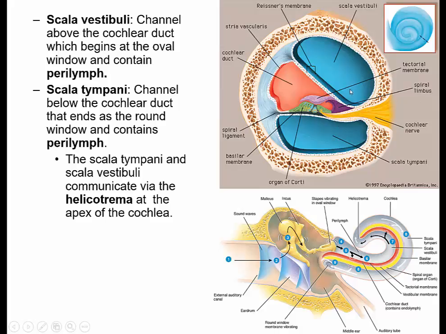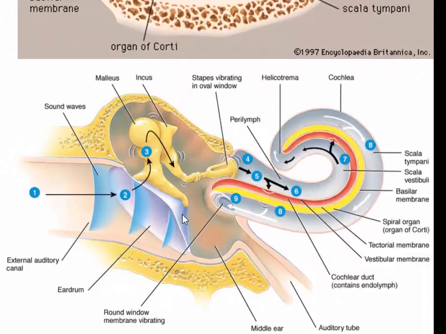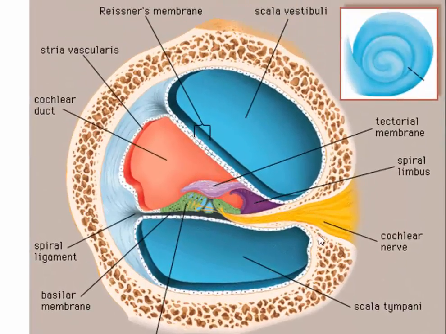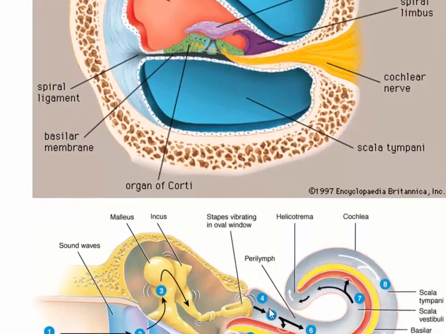These 2 channels are connected to each other by a structure called the helicotrema. Shown here, when sound waves cause the tympanic membrane to vibrate, it sends the vibrations through the auditory ossicles, and the stapes, which is in contact with the oval window, moves back and forth to set up pressure waves that move through the perilymph up here. So this top channel is the scala vestibuli.